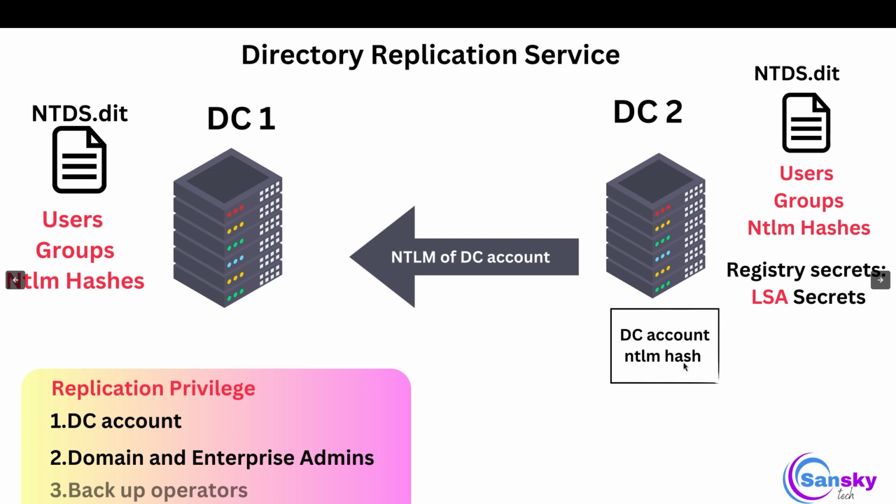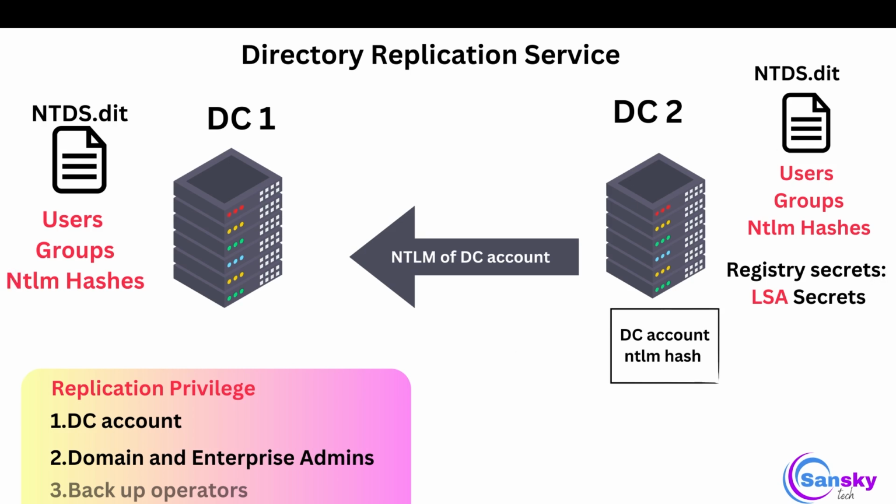It gets its NTLM hash or password automatically, and it has Directory Replication Service privileges, which means that this DC account can send its NTLM hash to DC1 and ask DC1 to first authenticate this DC account, and second, give the information and update the information in DC2. So that is exactly what the Directory Replication Service is and what exactly the DC account is.